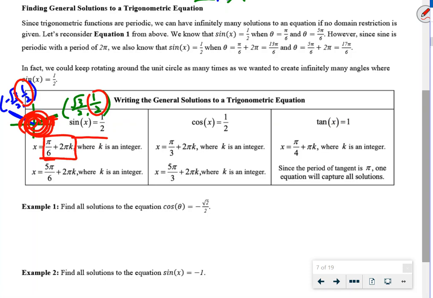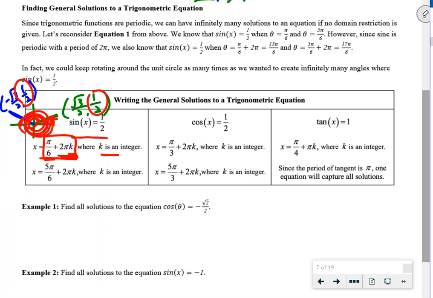So one way you can put this in notation is pi over 6 plus 2k pi. 2k pi represents coterminal angles, and k represents how many rotations I'm getting. So let's say if you have 2 rotations, you rotate 2 pi twice, which gives you 4 pi, and then pi over 6.